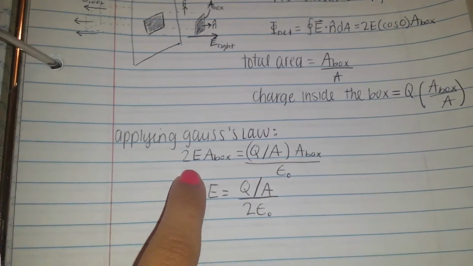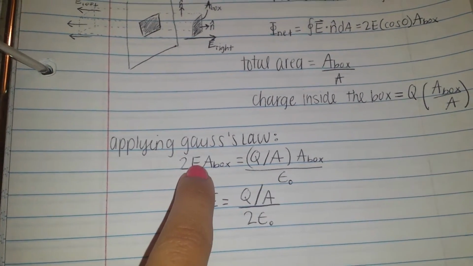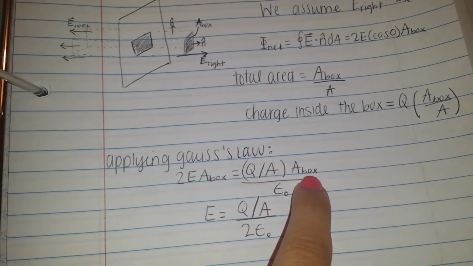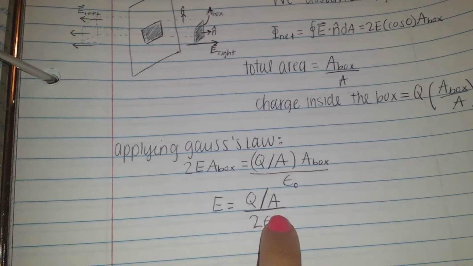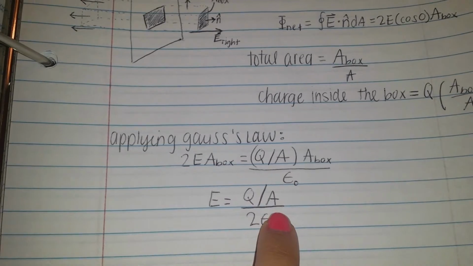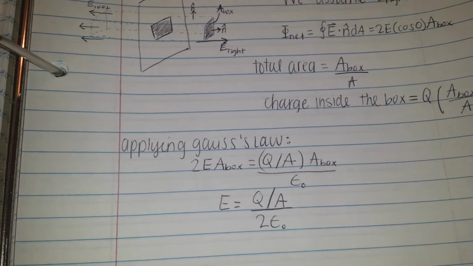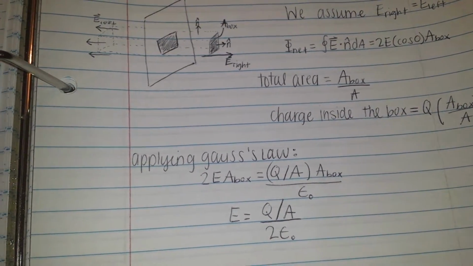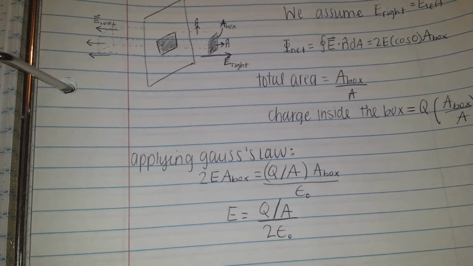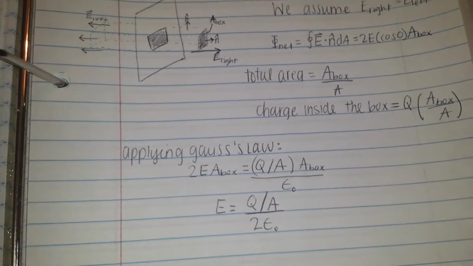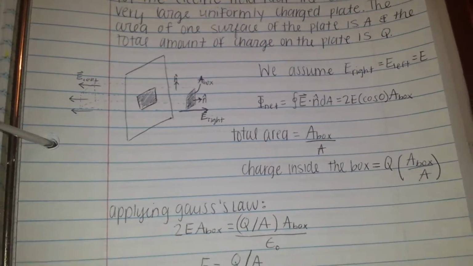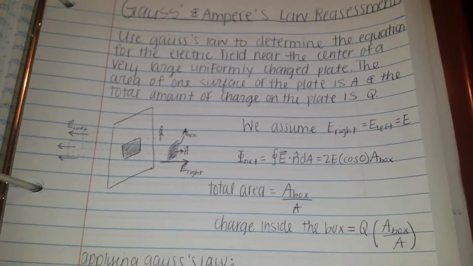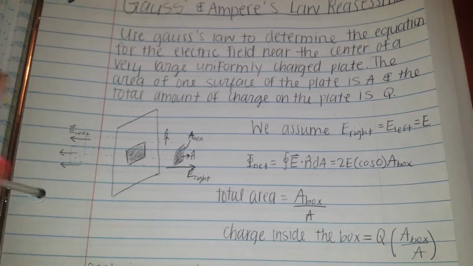Now when we solve for E, we're going to divide by A box and 2, and so A box is going to cancel, so that actually doesn't take into account when we're solving for the electric field in this case, and we just get Q divided by A all over 2 epsilon naught, and that's the electric field in this case. And as you can see, it was a pretty simple calculation because we used the Gaussian surface. It made it a lot easier.